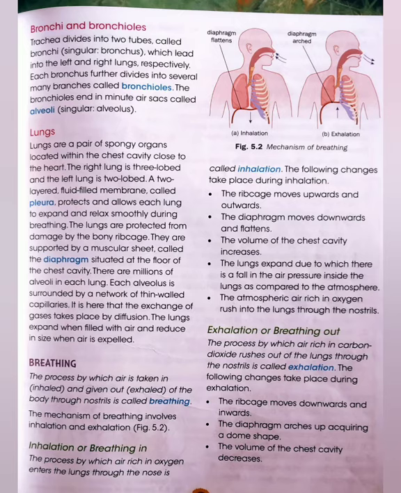The next one is breathing. The process by which air is taken in or inhaled and given out or exhaled of the body through the nostrils is called breathing. It involves two mechanisms, that is inhalation or breathing in and exhalation or breathing out. The process by which air rich in oxygen enters the lungs through the nose is called inhalation.